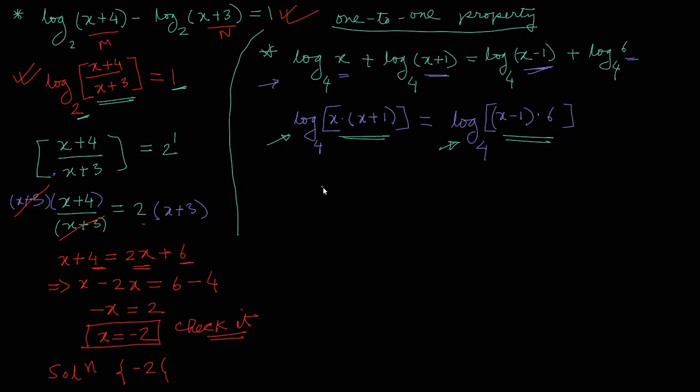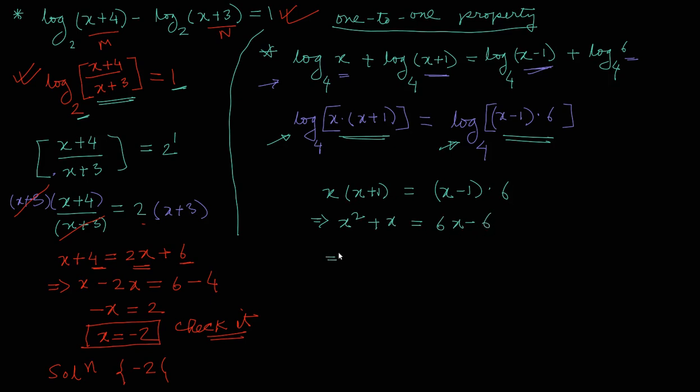Okay, so I can essentially write x multiplied by x plus 1 is equal to x minus 1 multiplied by 6. All right, so let's simplify this expression. So x multiplied by x is x squared, x multiplied by 1 is plus x, equals x multiplied by 6 is 6x and negative 6.